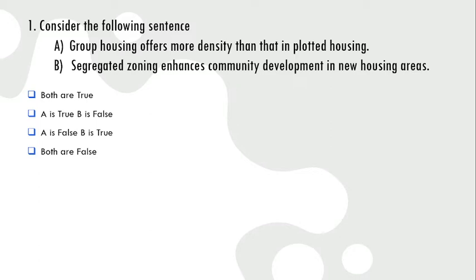If we remember all the sessions, all five classes in week number 6, we identified group housing as the type of housing in which there is a common landowner, which can be public or cooperative, but each individual living in the project owns a particular apartment or dwelling unit.